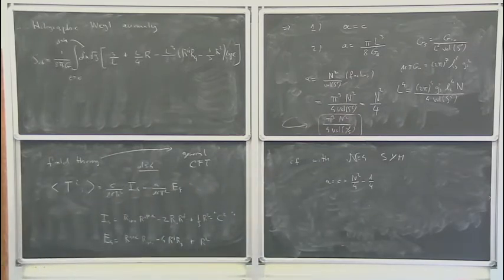Sometimes you can compute corrections, and then you can argue that you can enlarge a little bit the number of solutions which have a field theory dual. But we can discuss later. I'm not sure exactly what is your question.